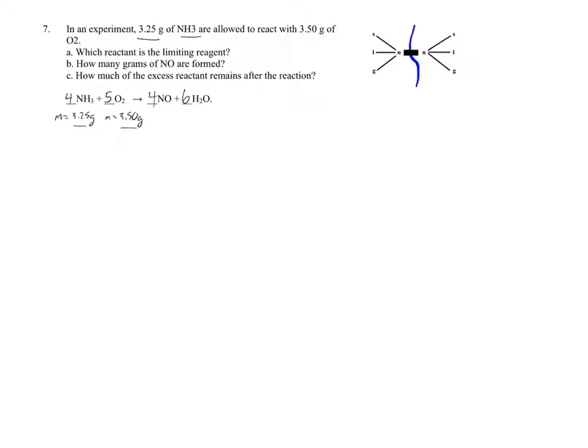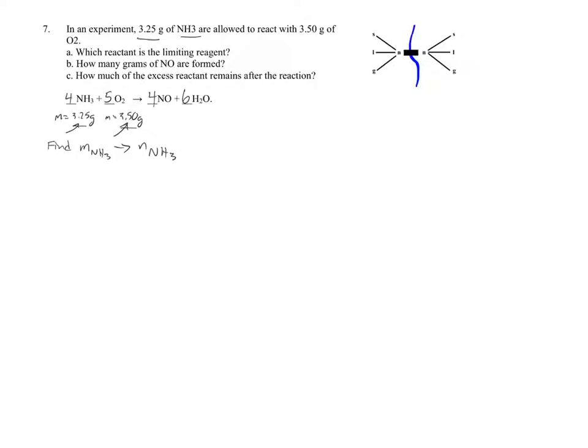In order to determine which is the limiting reagent, what I like to do is start with either this one or that one and figure out how many moles of the other one I need. So we're going to take the mass of ammonia and convert it to moles of ammonia.